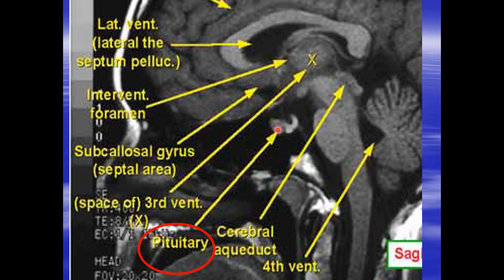It just receives feedback information from the hypothalamus, and the cells within the anterior pituitary lobe secrete the different hormones. So there is a difference between the anterior and posterior. The posterior has no cells, it has just nerve fibers. The cells are in the hypothalamus, while the anterior has secretory cells.